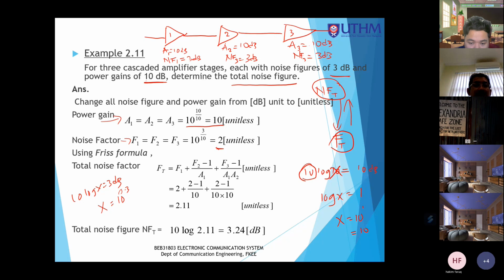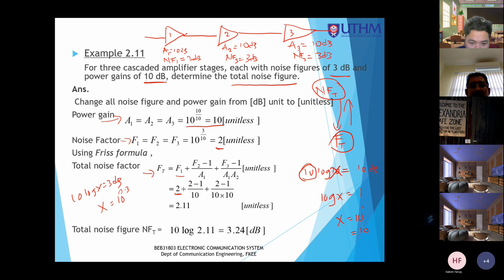Lebih tepat. Okay. So once you know F, once you know the A value, then you can put inside the Friis equations. So the Friis equation says that total is equal to F1 plus F2 minus 1 plus F3 minus 1. So we can put here the values F equal to 2.